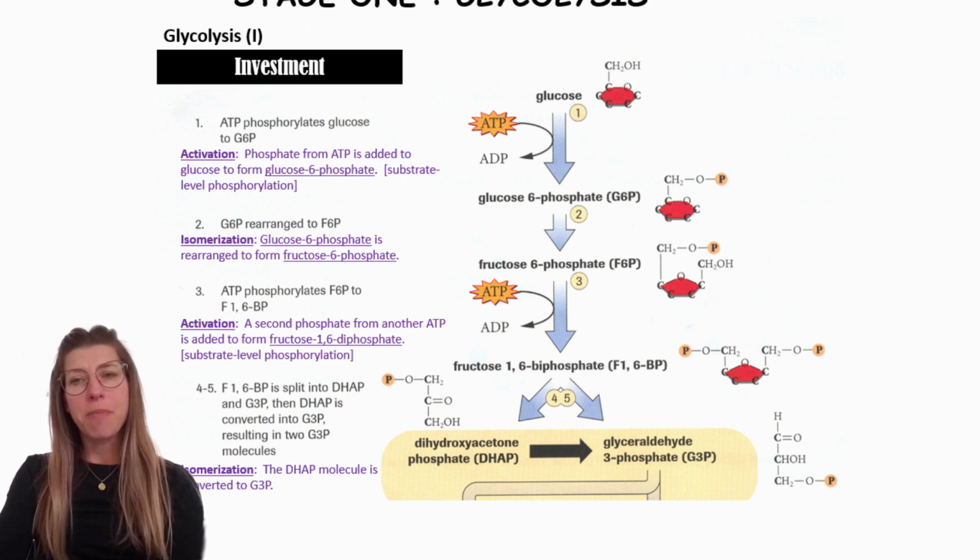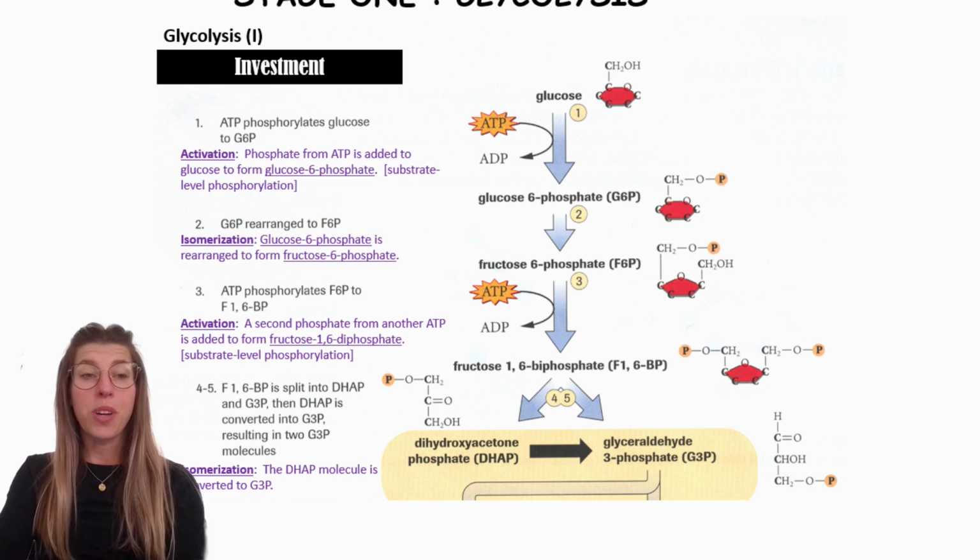You can see that ADP ends up because it's taken a phosphate from it, and it forms fructose 1,6-diphosphate. The 1 and 6 are telling us where the phosphate groups are attached. Now there are 2, because it's just added another one. So that's another form of activation. Again, it's taking another phosphate from the ATP, and this is another example of substrate level phosphorylation.